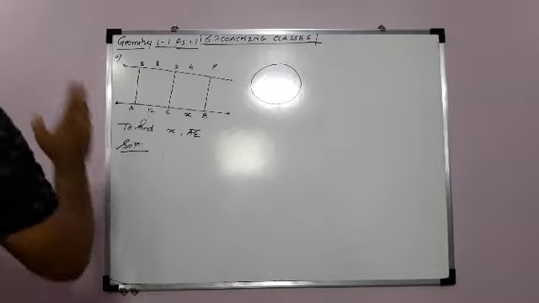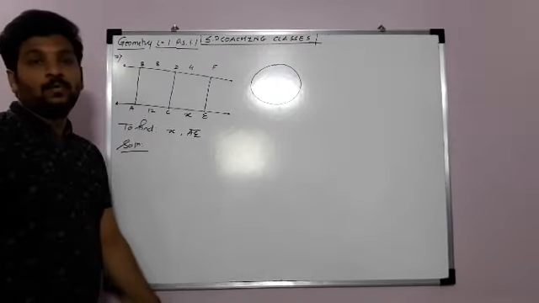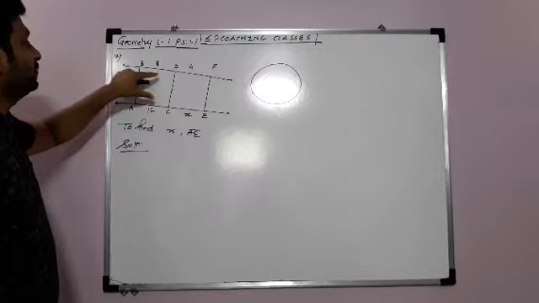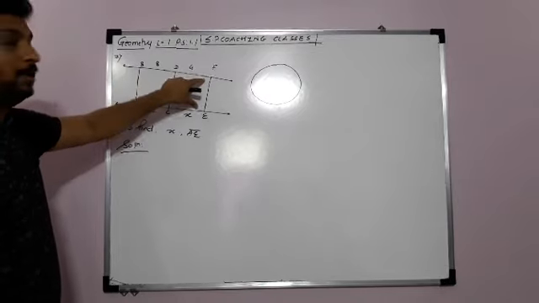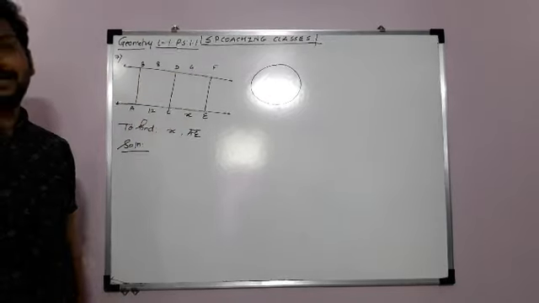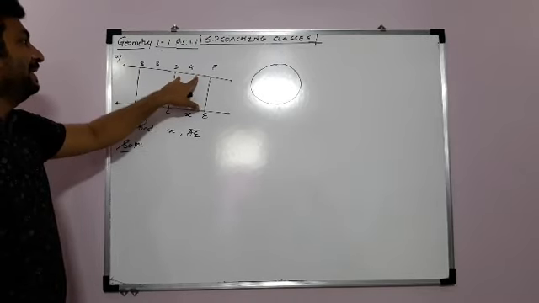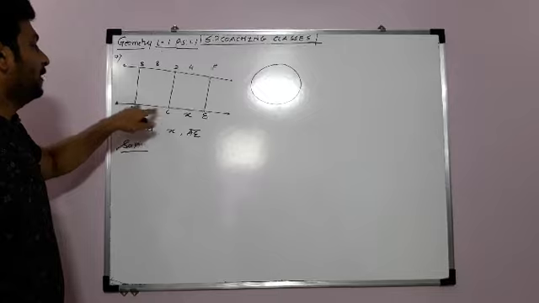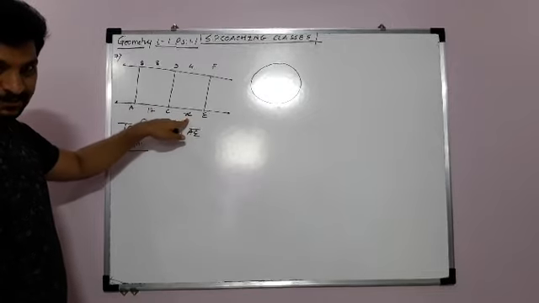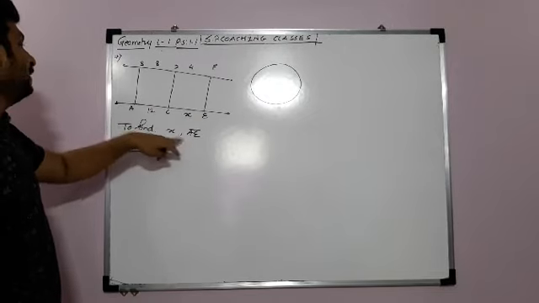Okay, fine guys. Just see the seventh sum. What is given in the figure? AB is parallel to CD is parallel to EF, and BF and AE are transversals, and the values of BD, which is 8, DF, which is 4, AC, which is 12, and CE, which is x, are given, and we have to find x and AE.